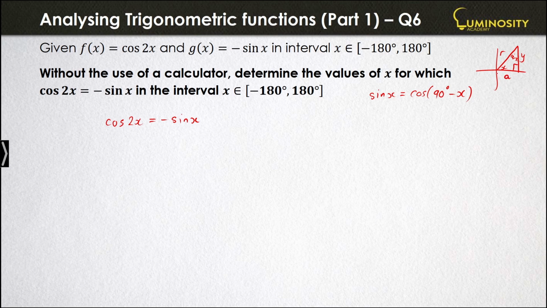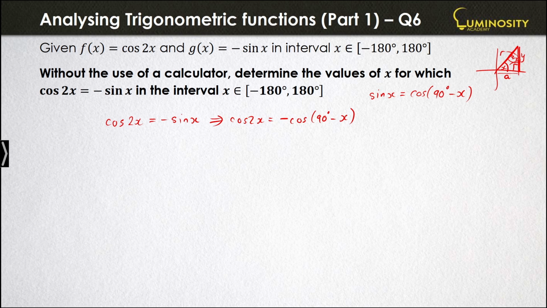Let's just say the distance here is a. Then sine of the angle x is y over r, and the cos of 90 minus x is adjacent over hypotenuse, which is also y over r. So by co-ratios, I can replace that negative sine x, and cos 2x equals negative cos of 90 degrees minus x.